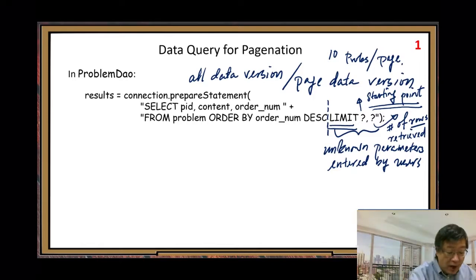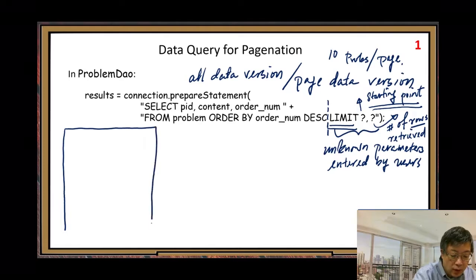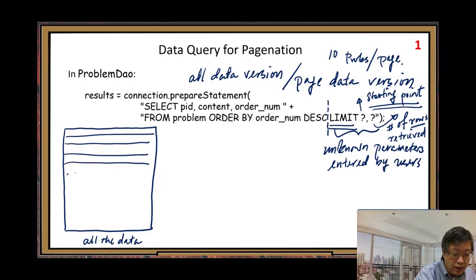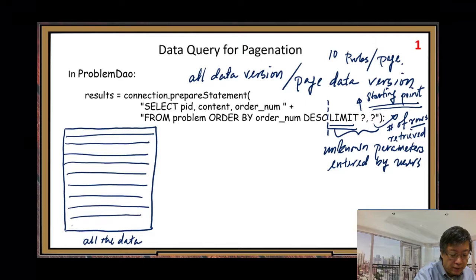Here, let me draw a diagram to describe the situation. Let us consider this rectangle to represent all the data, many rows of data organized in a table.